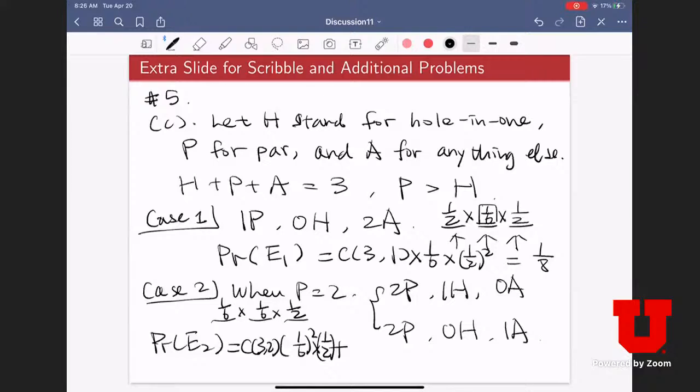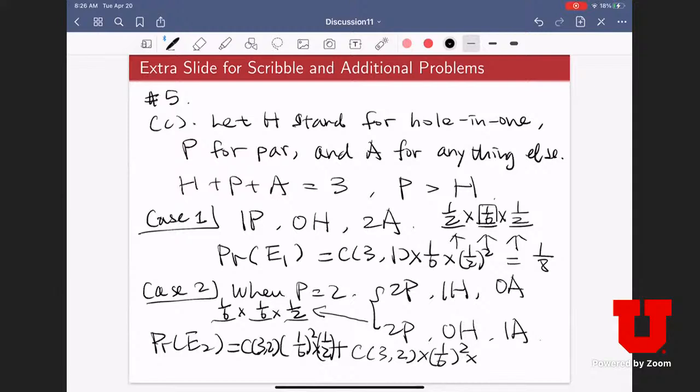And for the other combination, right here this case is actually 2p, 0h, and 1a. For the other case, we wanted the case where it's 2p, 1h, and 0a, which is still going to be 3 choose 2, which is 3, times 1/6 squared, times the probability of getting a hole, 1/3.